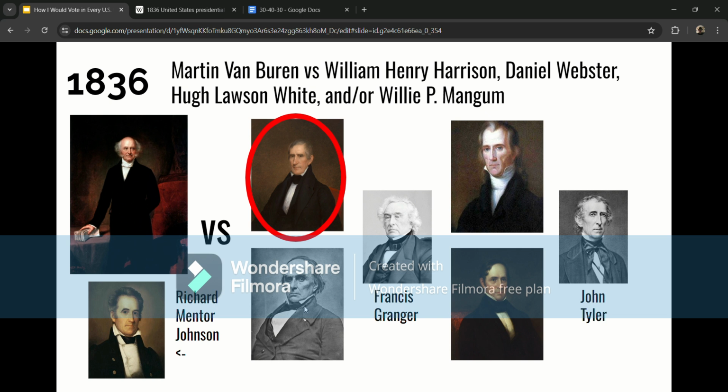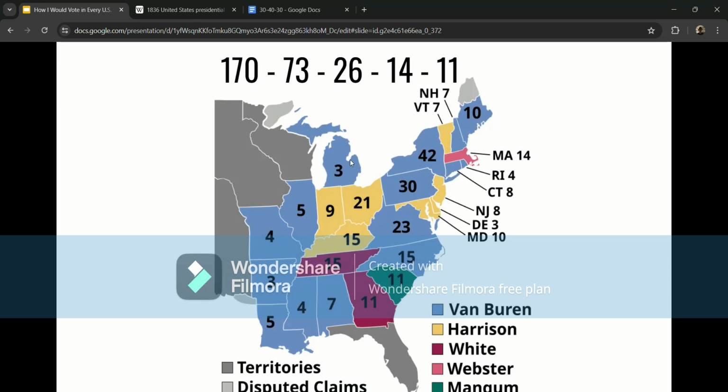Kind of just the lesser of all the evils here. Not Southern, doesn't have major character flaws with the current administration, and is on the ballot in multiple states. But if I had it my way, I would have voted for Daniel Webster. But again, he was not on the ballot in a majority of northern states, so unfortunately, I would have to go with Harrison for this election.